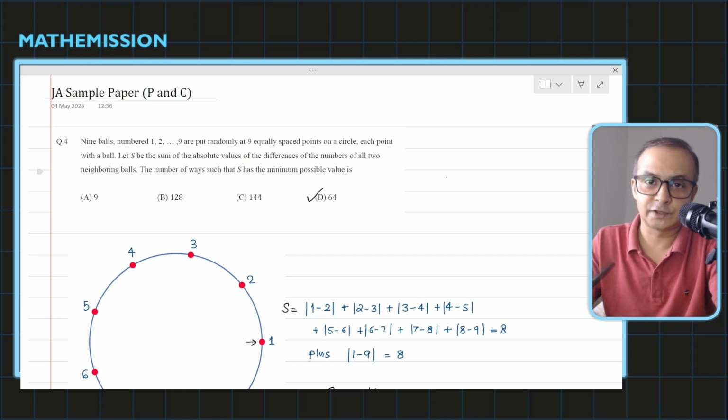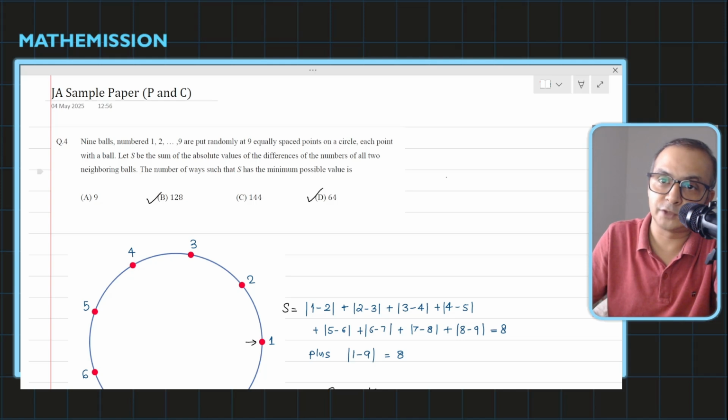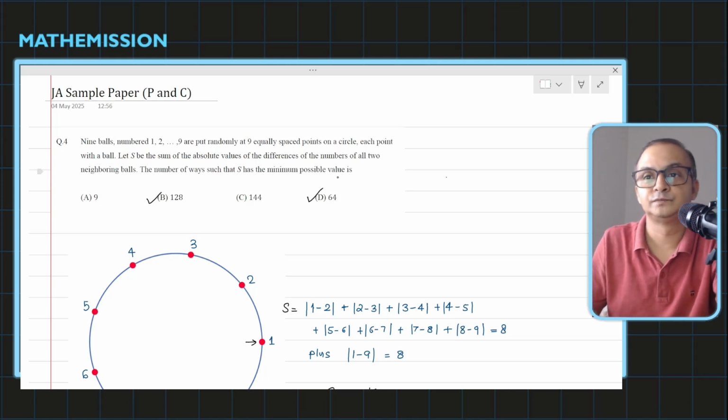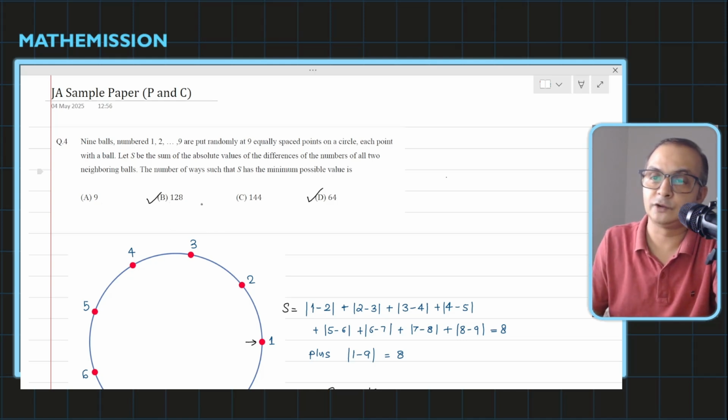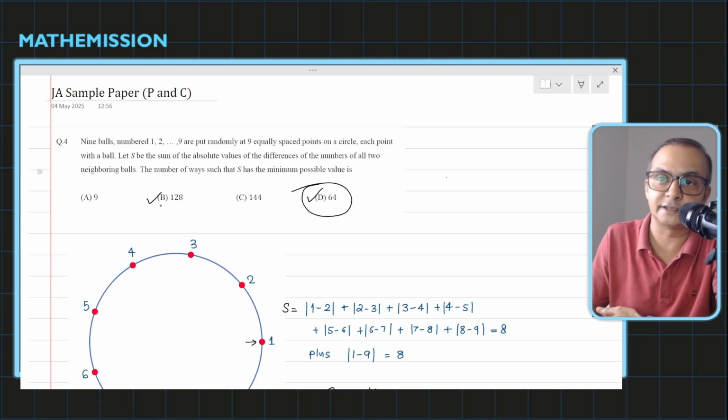If they ask for different, I will go for 128. If it is multi-select, and there is ambiguity in the question, they are not clear about anti-clockwise and clockwise, I will go for both options. So my choice is 64, and some others can consider both, so we can say 128.